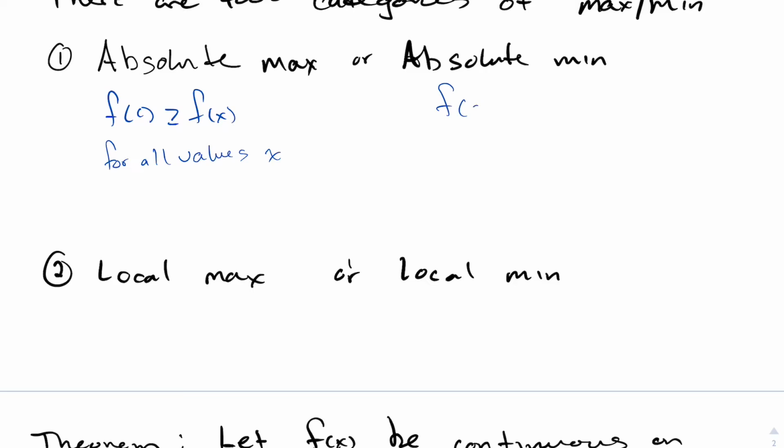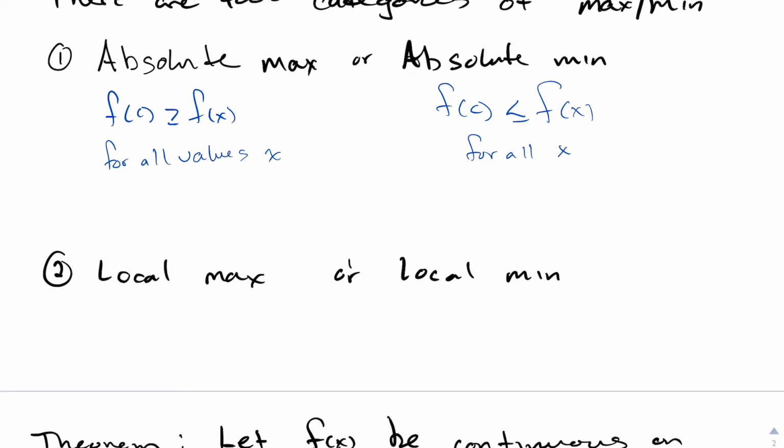Likewise, an absolute min, point C, would be less than or equal to f of x for all x. Right? These are absolute, they're global maxes and mins. These are going to be points that are greater than or equal to every other f of x value, or values that are less than or equal to every other f of x value.